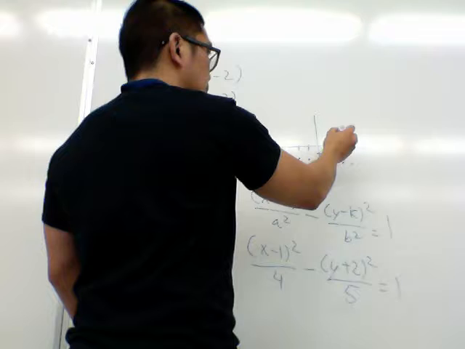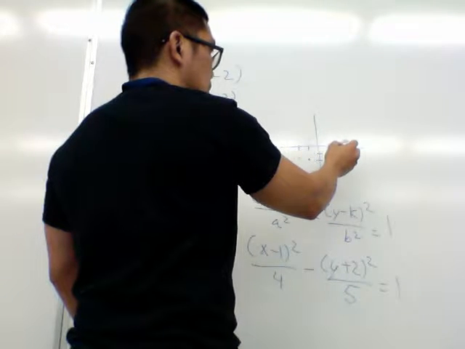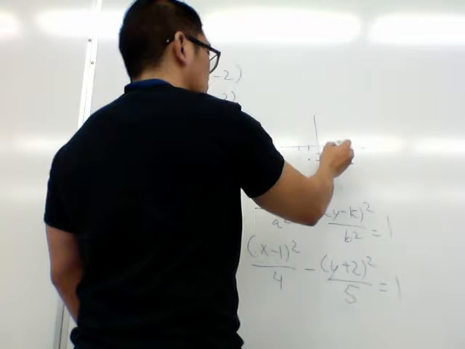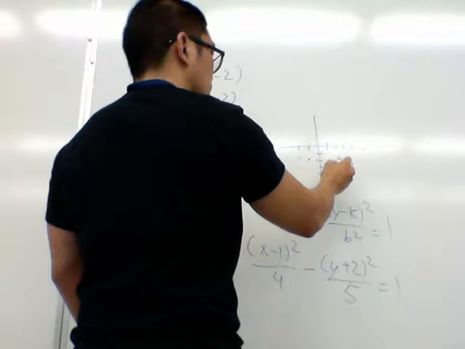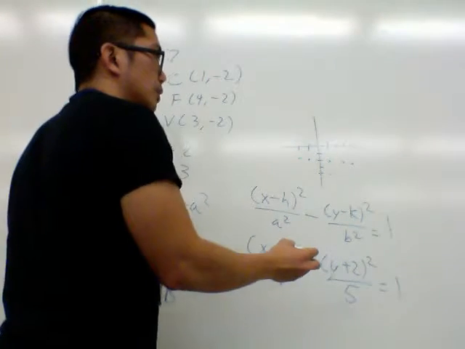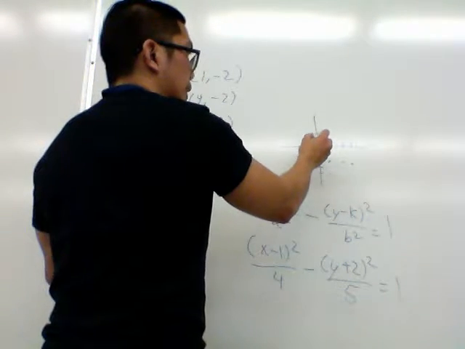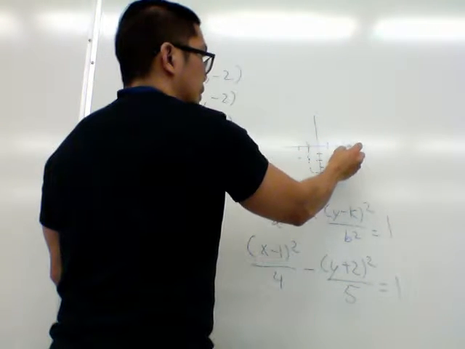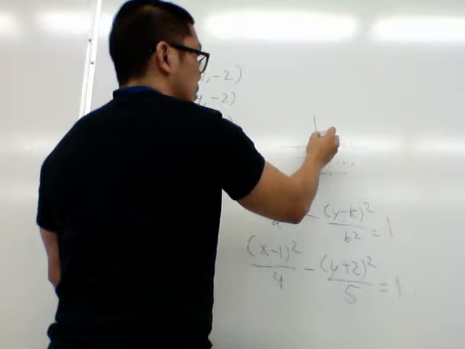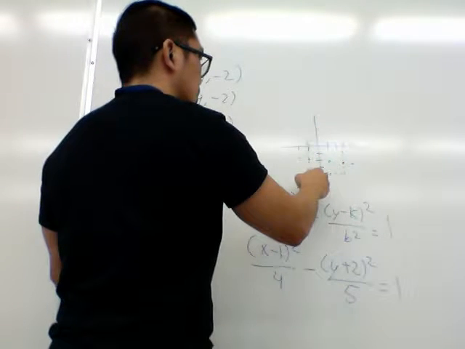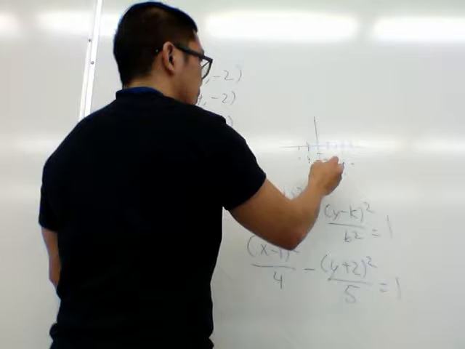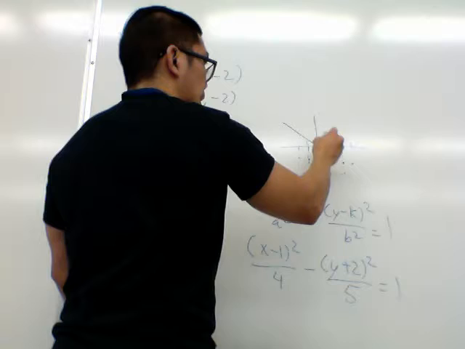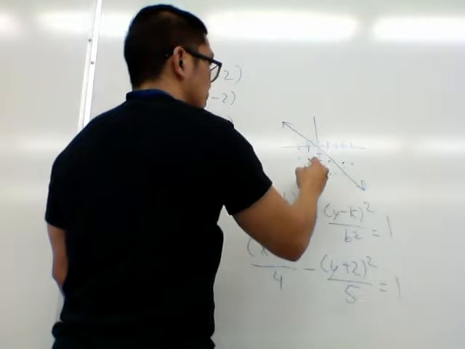So what I am going to do is make my b right here. And remember, I am going to make my rectangular box from A to B, A to B. And then my asymptotes go through the box.